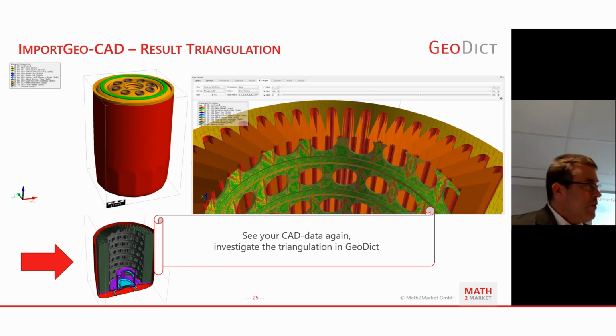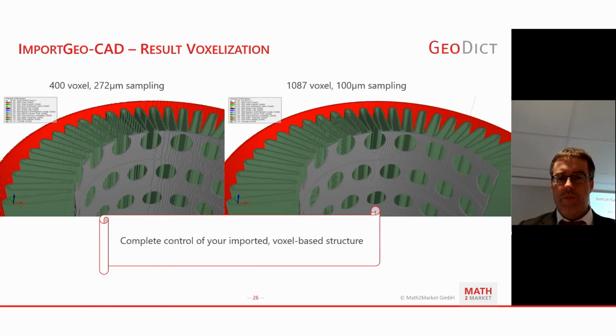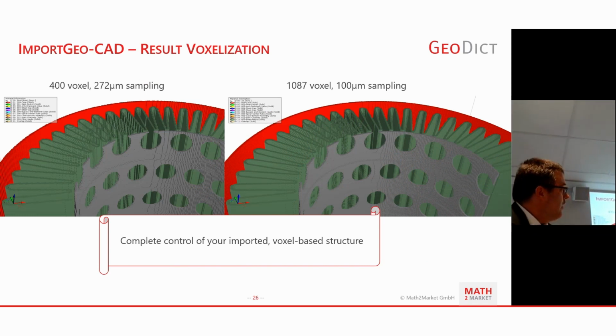So when we now use that and compare those two, for example, here the surfaces of the filter elements and the round openings here, comparing that now when we switch from the triangle view to the voxel view. So here, for example, we have two discretizations.